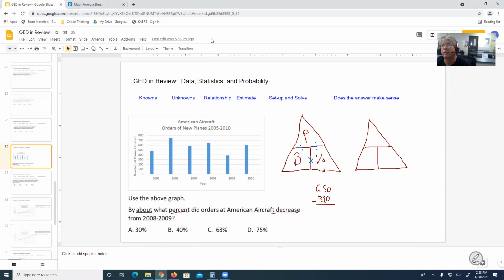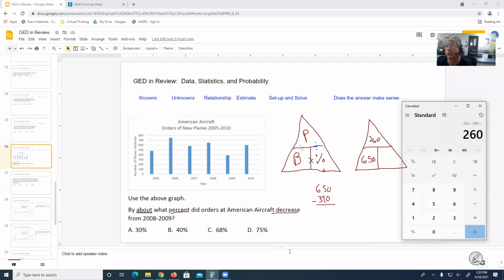So that's going to be my part, the 260. And again, notice that we're looking for the percent. So the base amount must also be given. The base amount, remember, is also the initial amount. That's referring to 2008 as the initial amount of orders, so we said that was around 650. Using that model, this tells me I can divide to solve that.